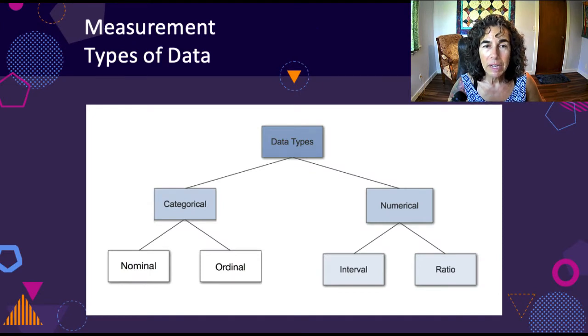This is a little bit of a review, and it's also a nice way of looking at measurement of different types of data, because you can do different manipulations with different types of data. So on the left, we have categorical data, which, if you'll remember, is composed of nominal and ordinal. And there are definitions here on the slide deck for you. And then numerical data is interval and ratio.